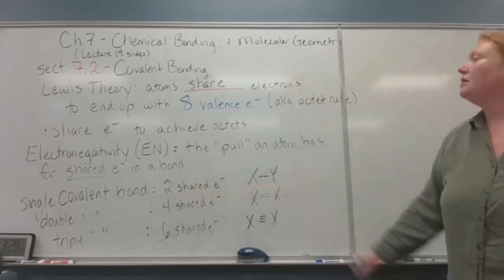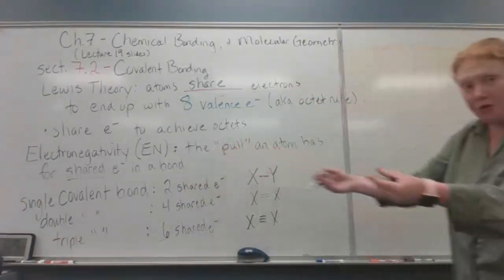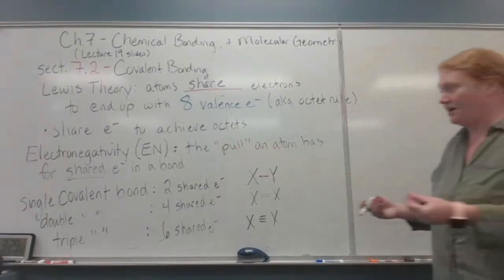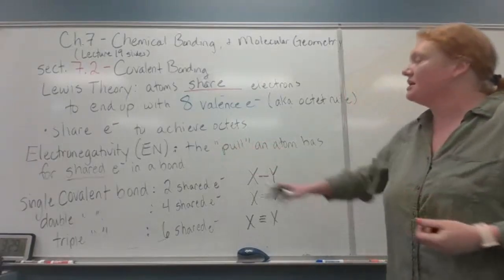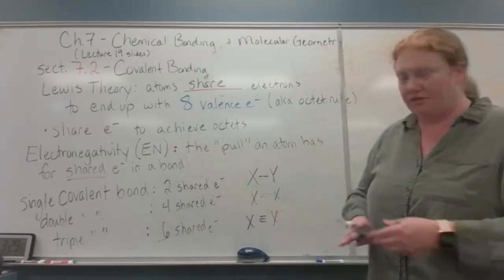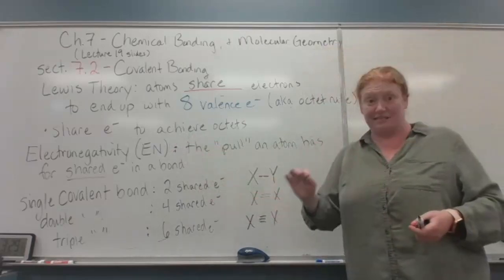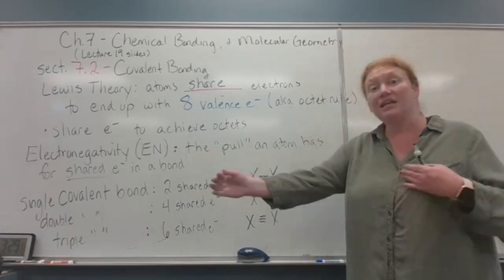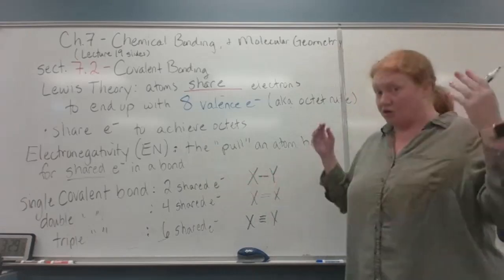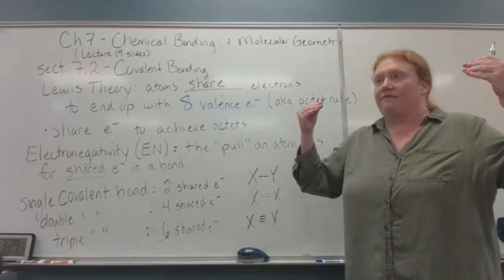When we talk about the pull an atom has for these shared electrons, it is based on this thing called electronegativity. Those shared electrons are not necessarily shared equally. They are shared.